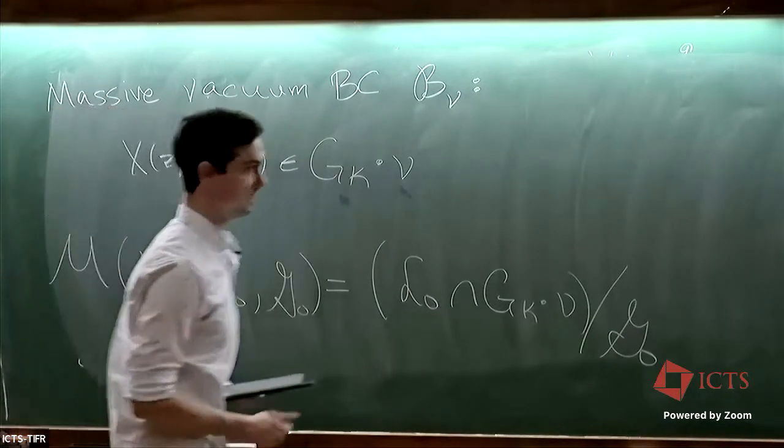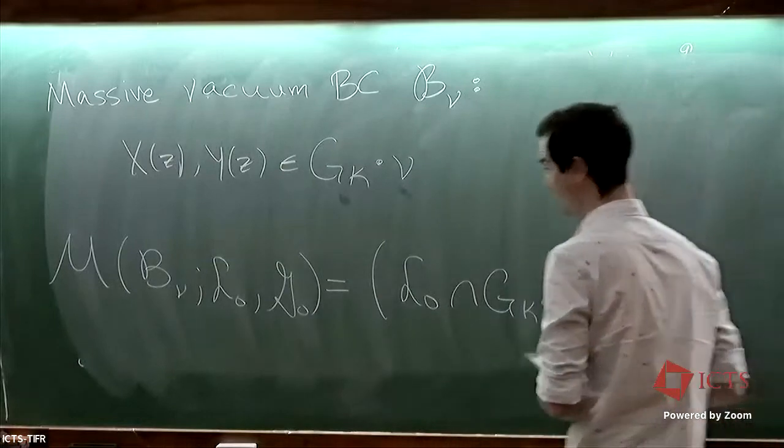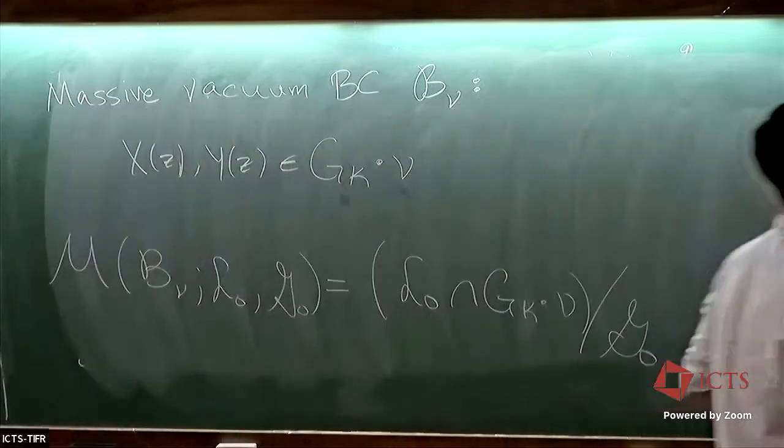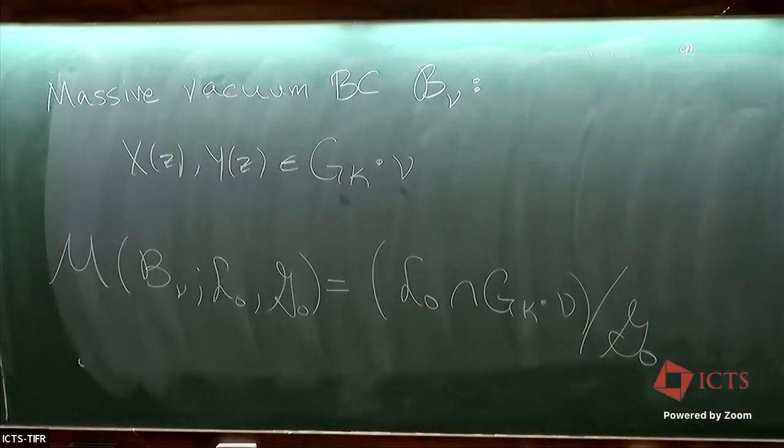So this should be some holomorphic or algebraic avatar of the moduli space of vortices on the disk with this boundary condition at infinity, where I require my fields land on this massive vacuum.